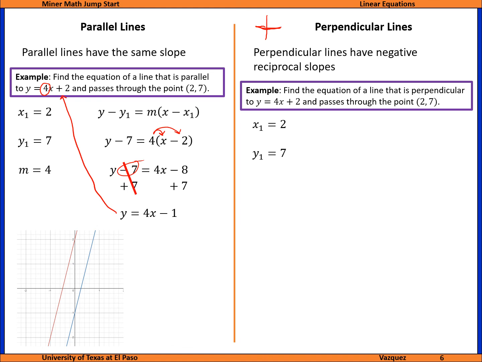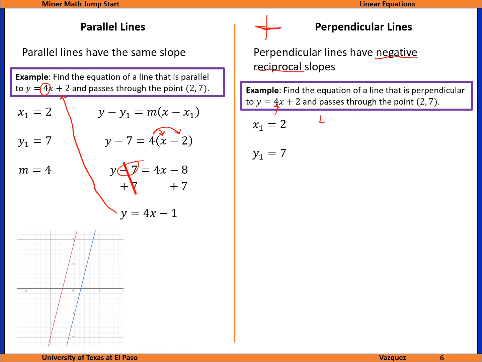So let's see. First off, we have our points x1, y1 be 2 and 7. But now we're not going to have the same slope. So m is not going to equal 4 here because, well, these are perpendicular lines. So what we're going to need is a negative reciprocal of 4.